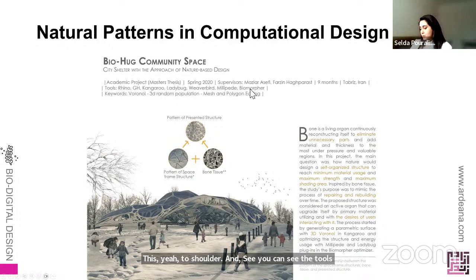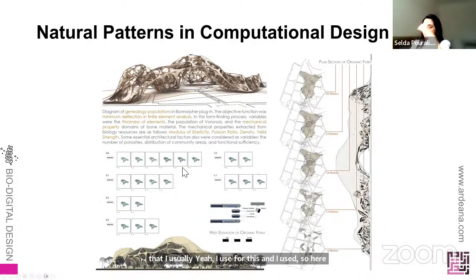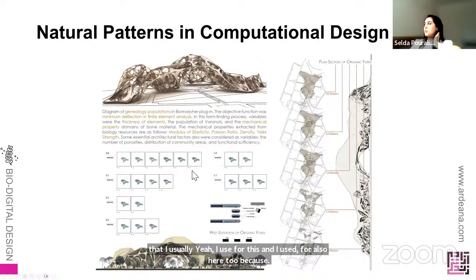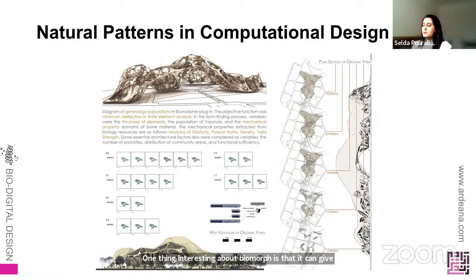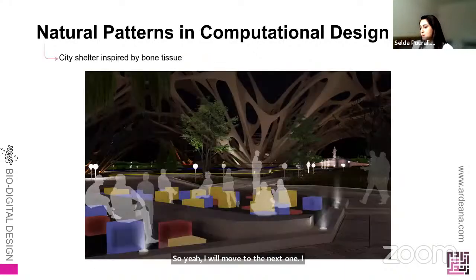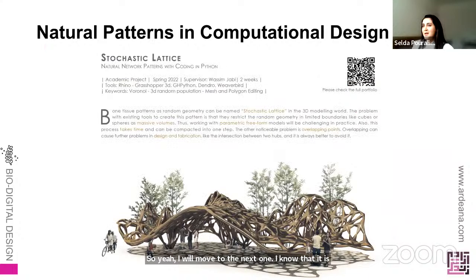I used Biomorpher also here, because one interesting thing about Biomorpher is that it can give us generations and the best solution, not just selecting according to nature and structural analysis, but it can also cover the designers' mindset. So yeah, I will move to the next one. I know that it is very quick.